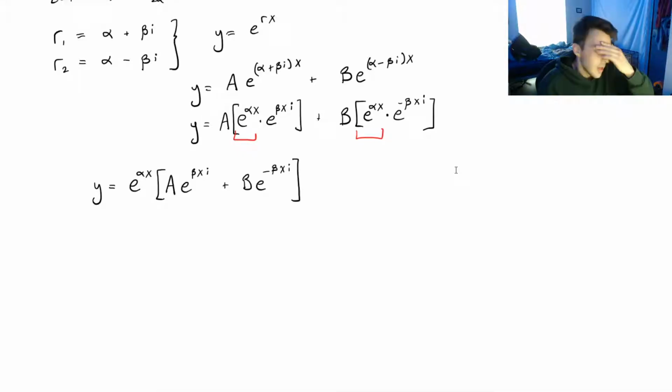Great. And we could leave it in this form, but most commonly you're going to see this expressed a little bit differently. And we're going to be expressing it using cosine and sine.